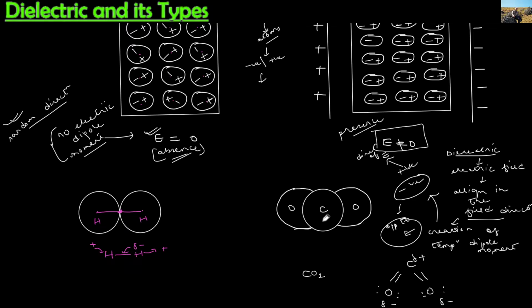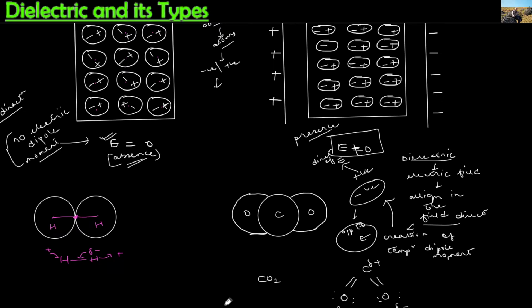From here it is very clear that for non-polar molecules, when the dielectric is placed in the presence of an electric field, the dipoles will align in the direction of the field, and there is a creation of temporary dipole moments.